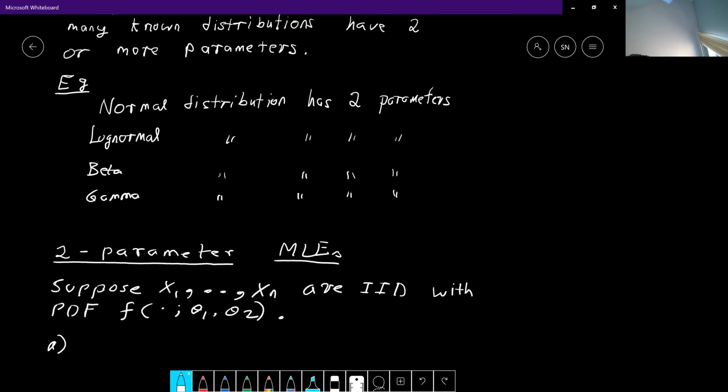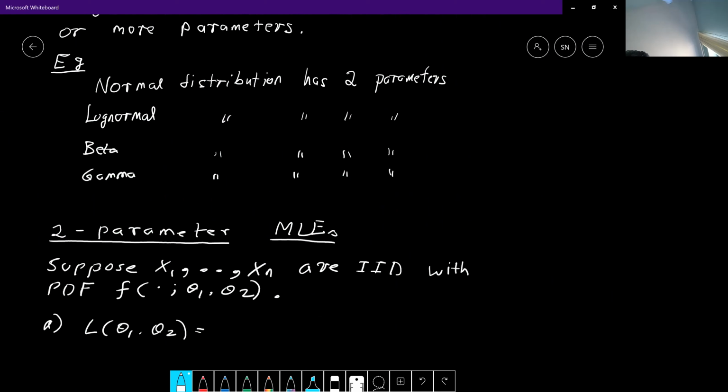The first step, A, is to write down the likelihood function. In this case, the likelihood will be a function of theta 1 and theta 2, because you have two parameters, and it will be the product from 1 to n of the density function over the n data points.